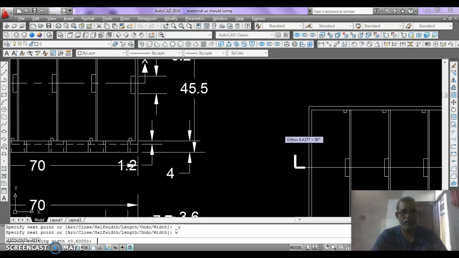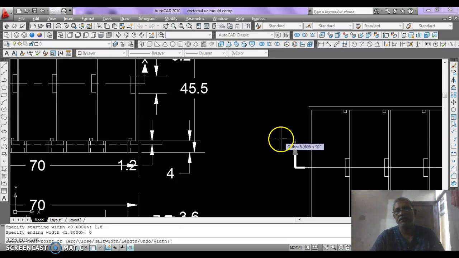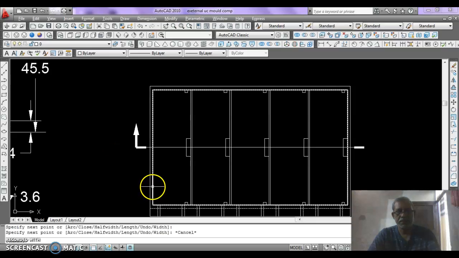W enter 1.8, and then the ending distance should be 0, and this is the arrow, and we can mirror it.